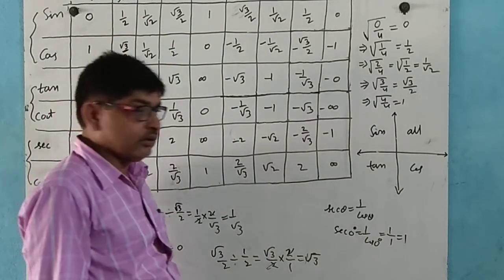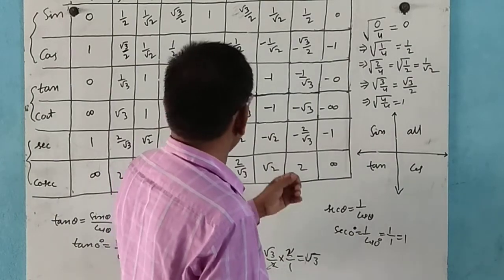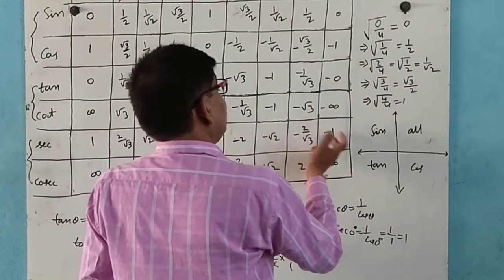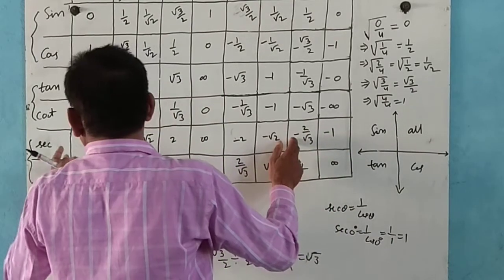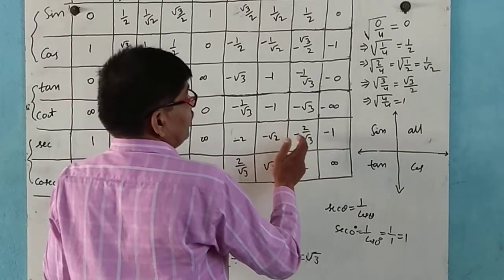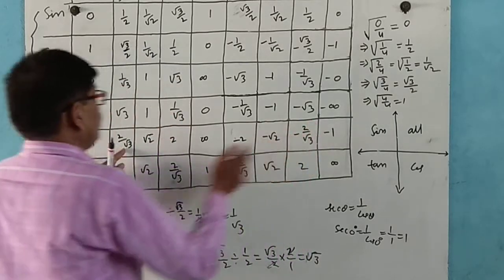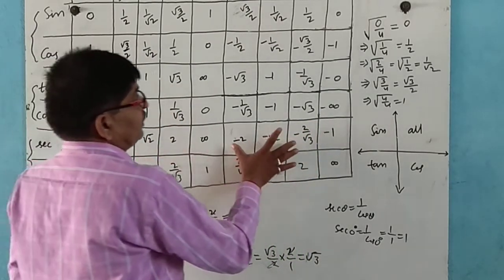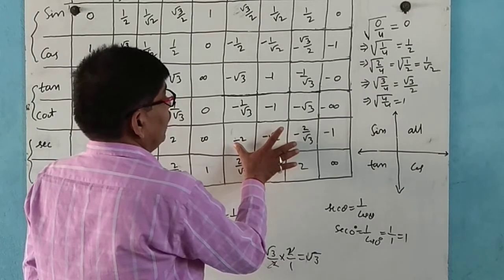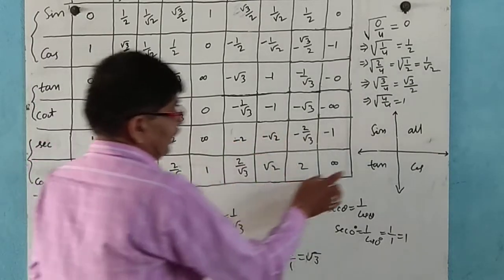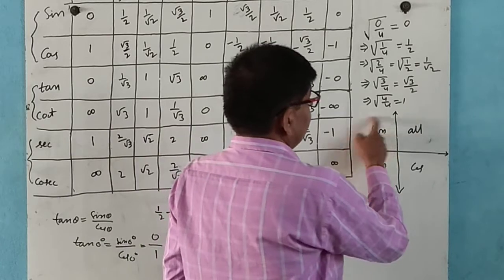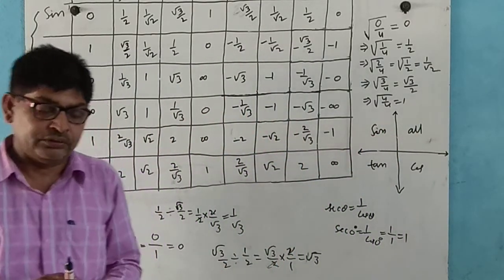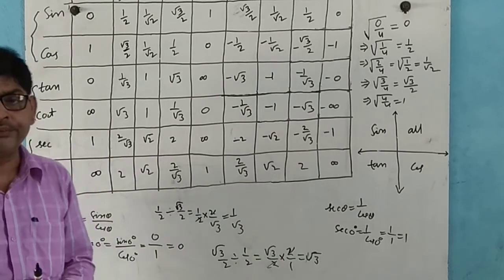As you know, sec 150 degrees is in the second quadrant, and this is also second. Same things: 2 by root 3, here 2 by root 3, but this is the second quadrant, and in the second quadrant all sec are negative, so this is negative, and so on.